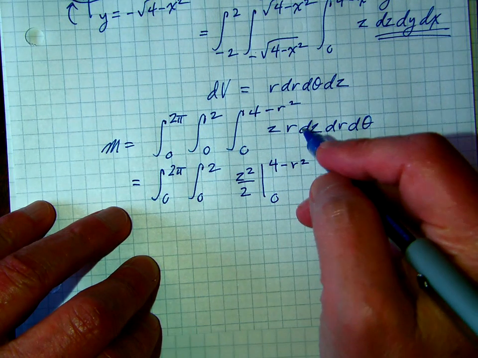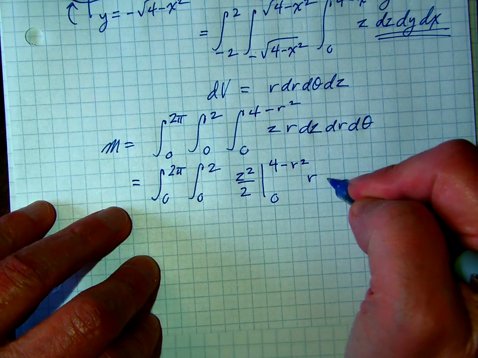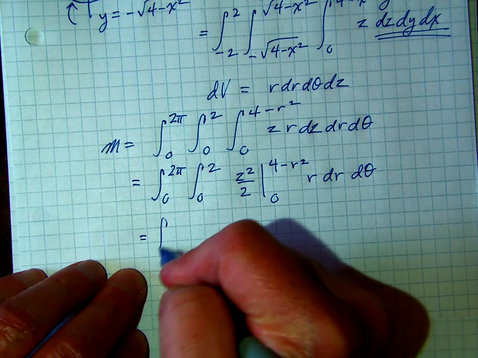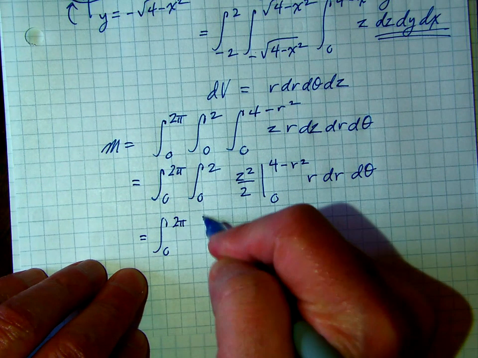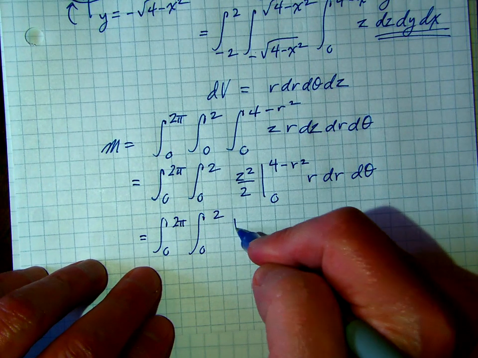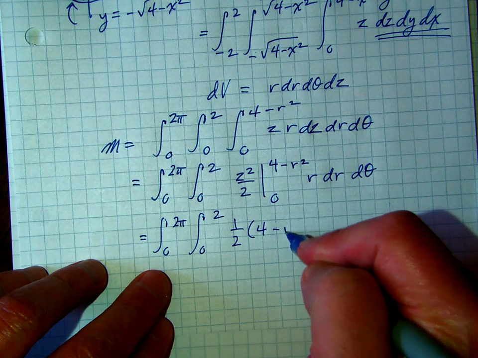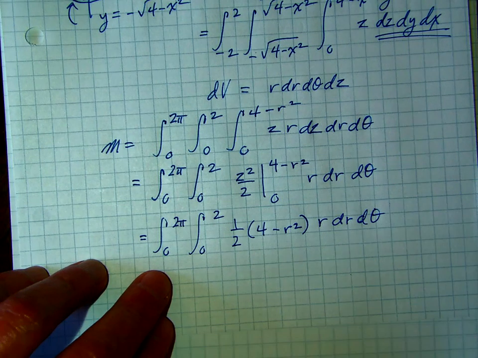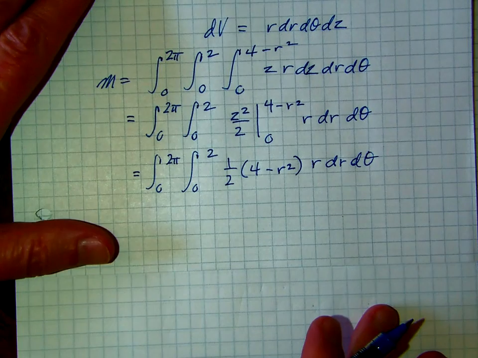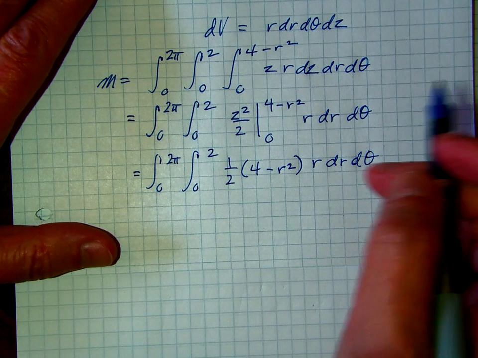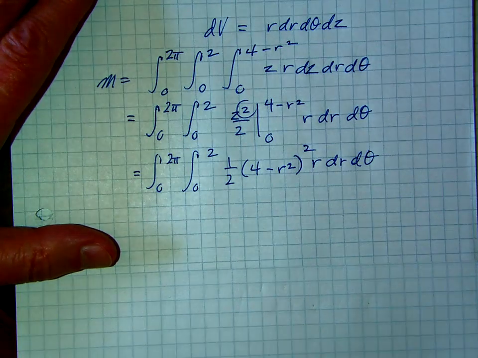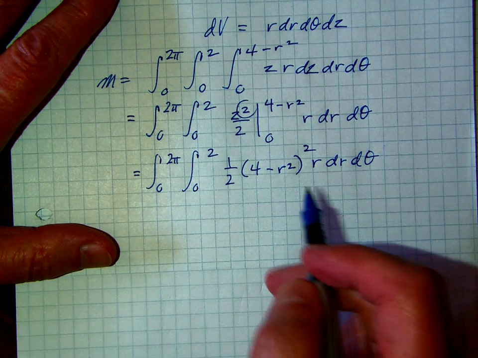The r is left over, the dr and the d theta. 0 to 2 pi, 0 to 2, 1/2 of 4 minus r squared, squared, r dr d theta. Now, there's something you might notice here. I left off the square, okay? So that was a mistake. That has now been corrected. And what's the derivative of what's inside?